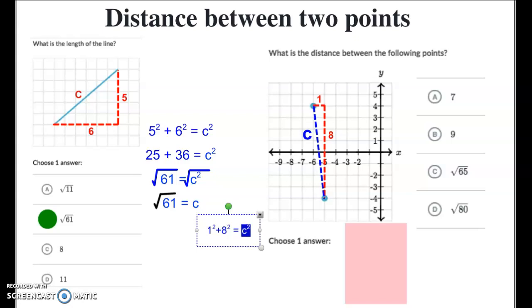And we're going to copy that. Then 1 squared is simply 1 plus 8 squared is 64 equals c squared. Then you should all know this one. 1 plus 64 is 65 equals c squared.